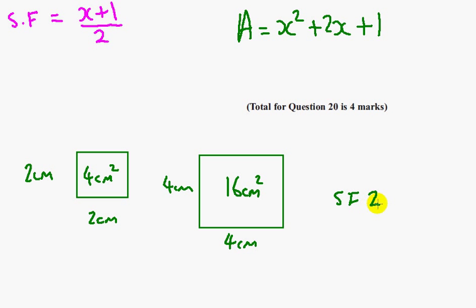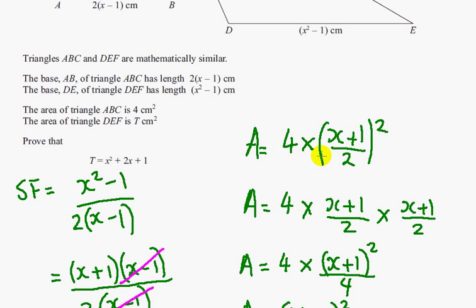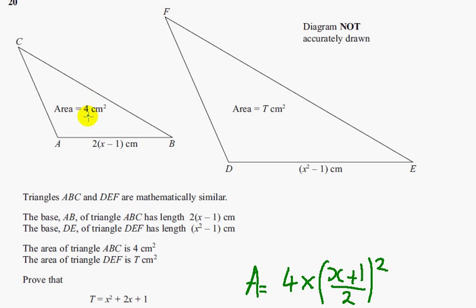So we can't just, because we times the sides by 2, say the area is doubled. The area is going to be 4 times 2 squared for a scale factor of 2. So therefore here we couldn't just times the area of the small triangle by the scale factor, whatever it is.